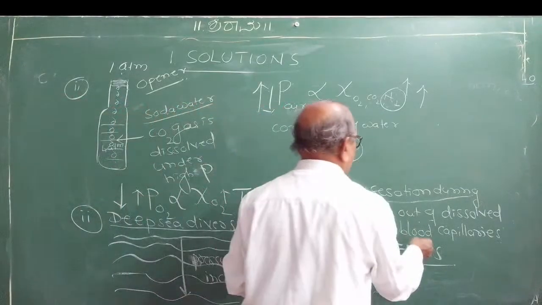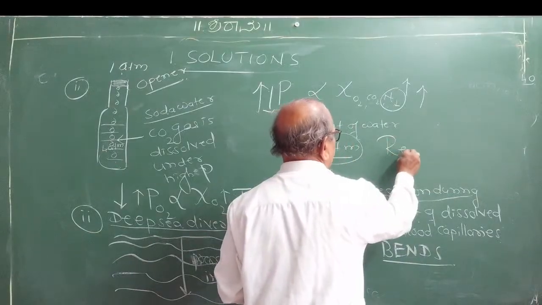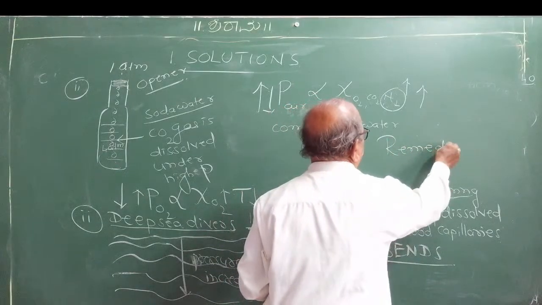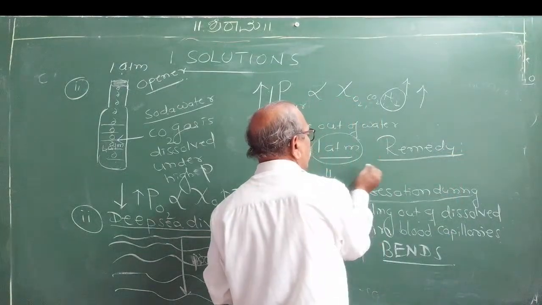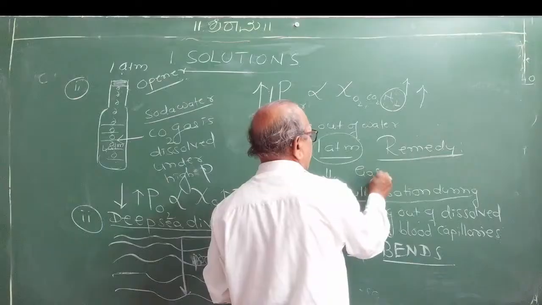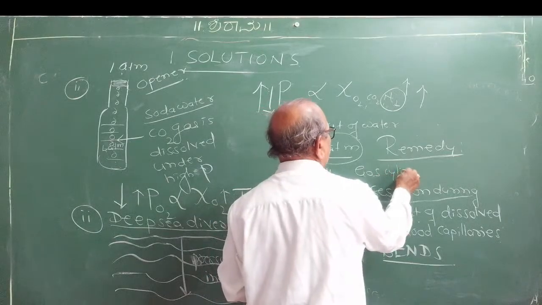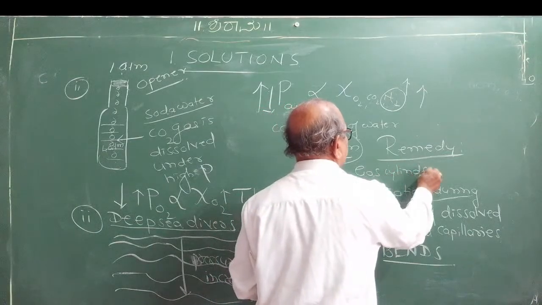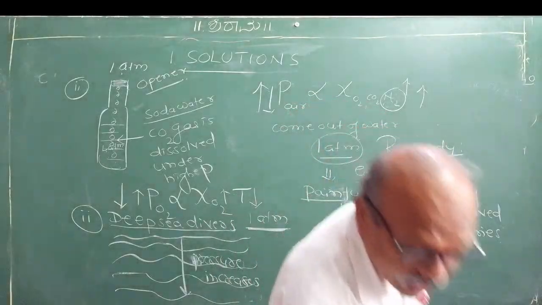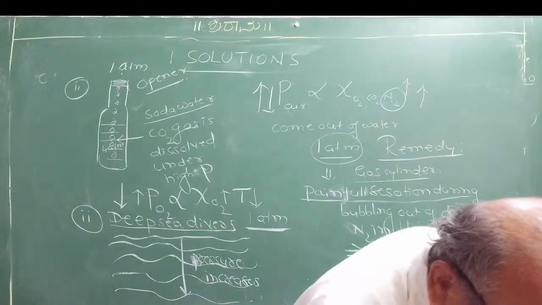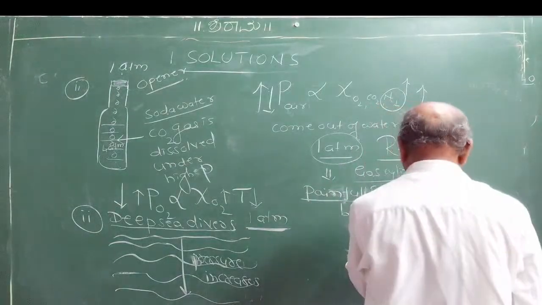Therefore, the remedy for this bends is, note down clearly, my dear students, a number of times questions appear. In the gas cylinder they are carrying, to prevent this bends effect, it is diluted with three gases. Generally, the nitrogen percentage in the air will be high.